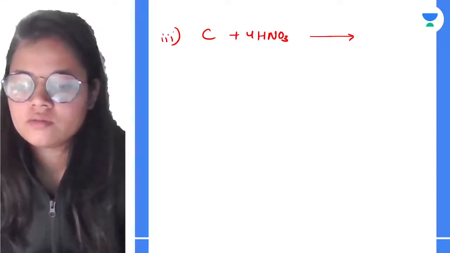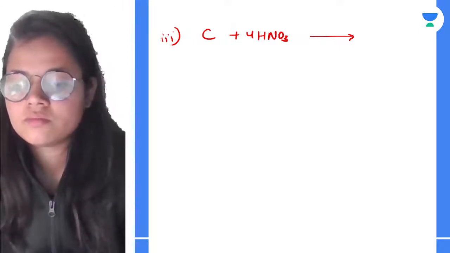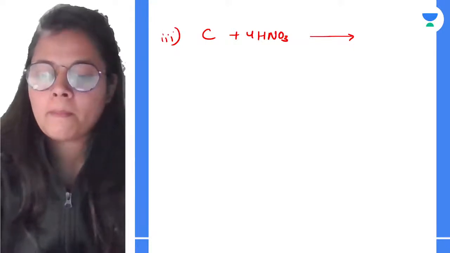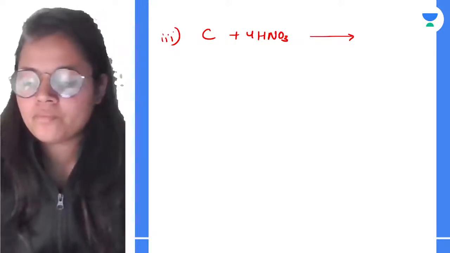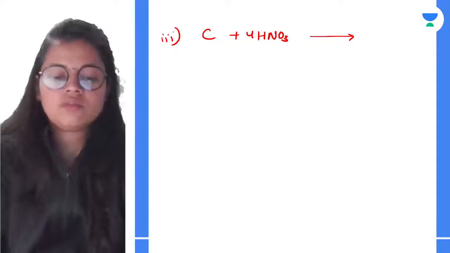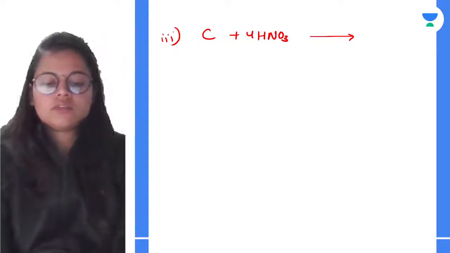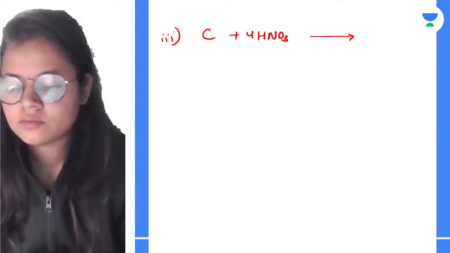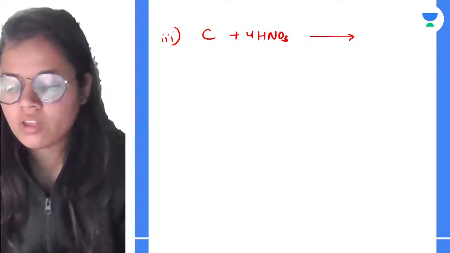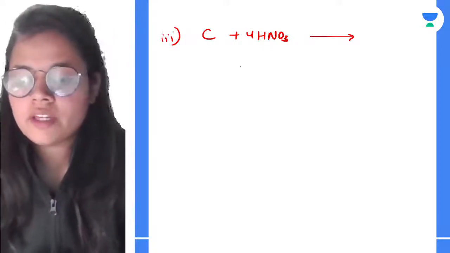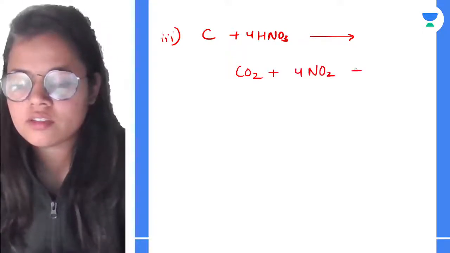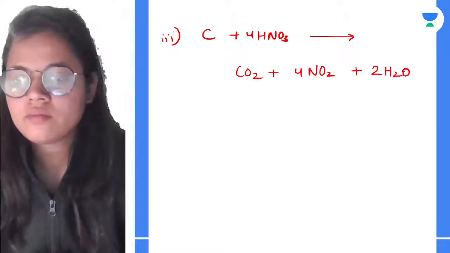Anyone? Correct, Srishti. So we will be getting carbon dioxide plus nitrogen dioxide and water.